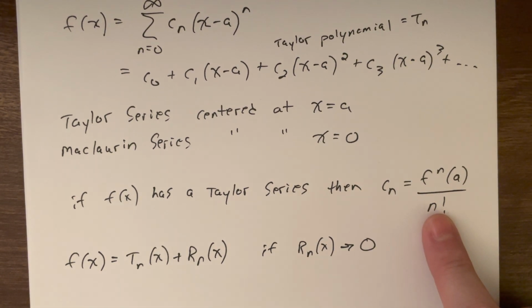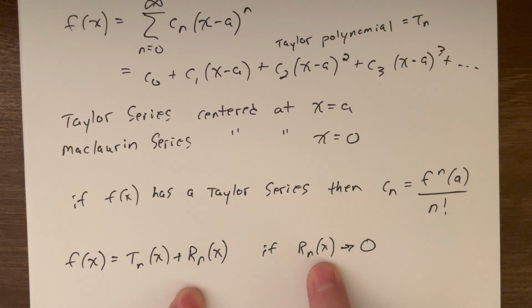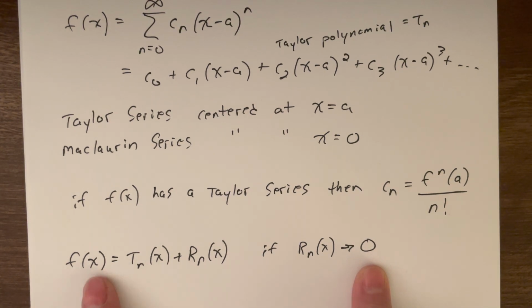But then on page 800, actually, I'm sorry, it's 801, they start talking about if f of x equals this, and the limit of this goes to 0, then f of x is equal to its Taylor series.